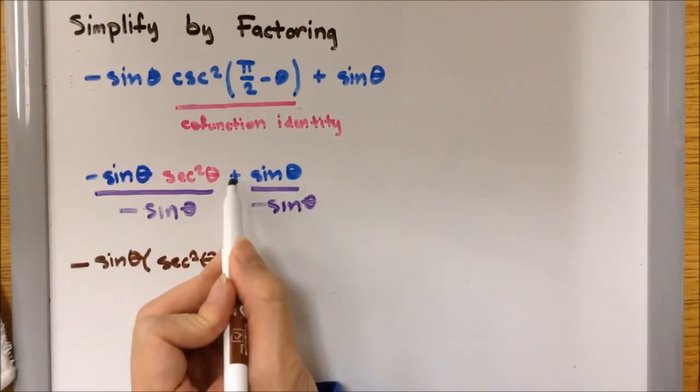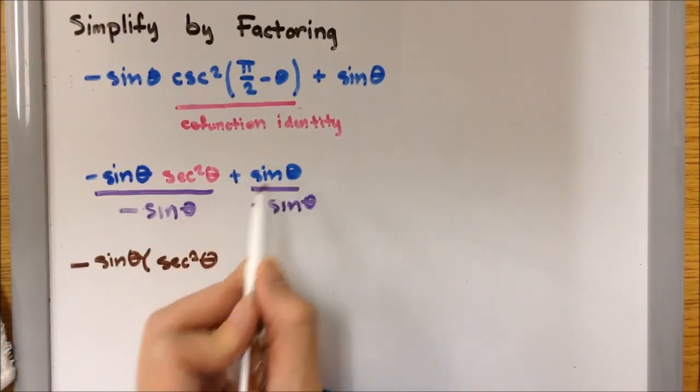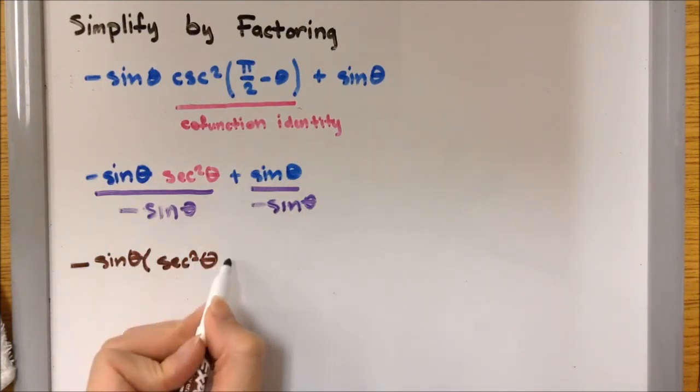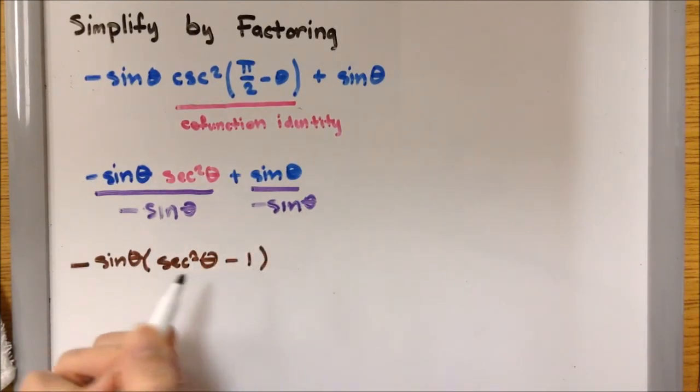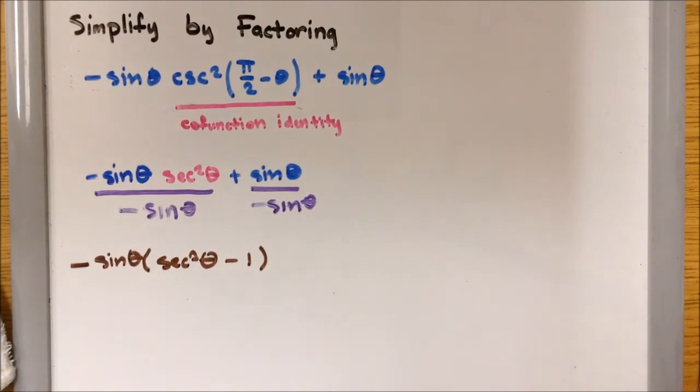And then here, positive sine theta divided by negative sine theta will be minus 1. So we factor into simpler parts. Taking another look at this, I see a secant square theta and a minus 1. So that's a square and it has a minus 1. So I gotta think, does this involve a Pythagorean identity?